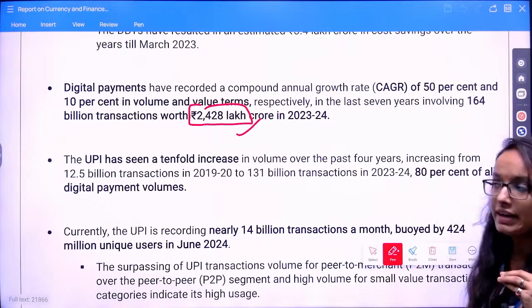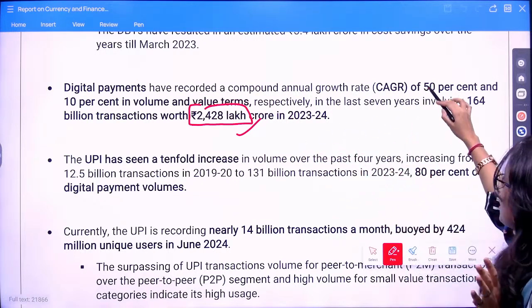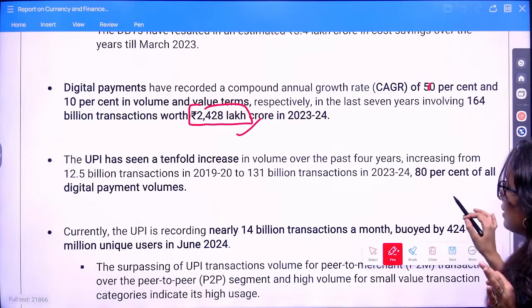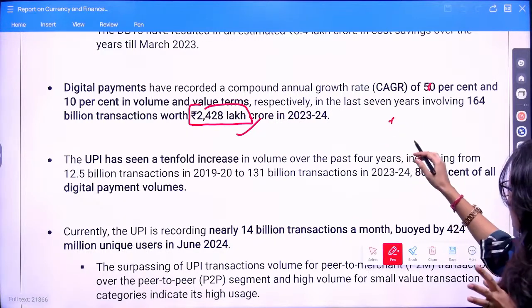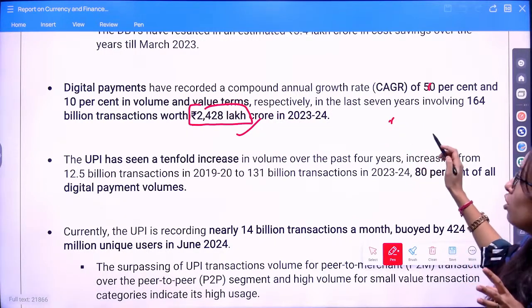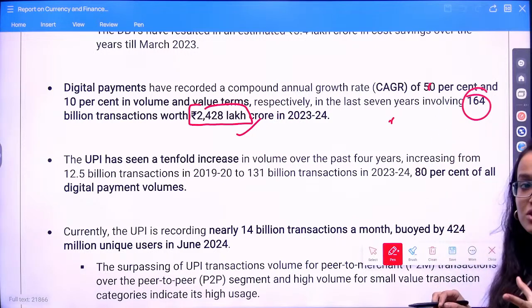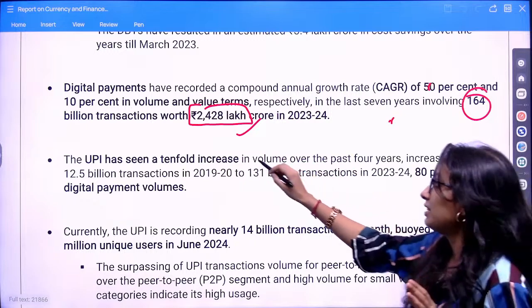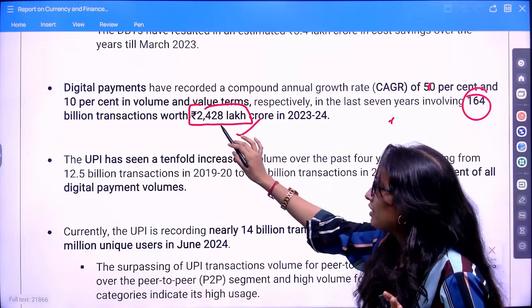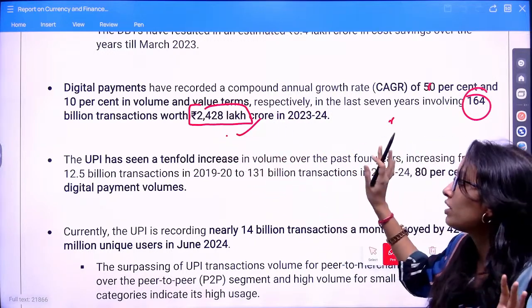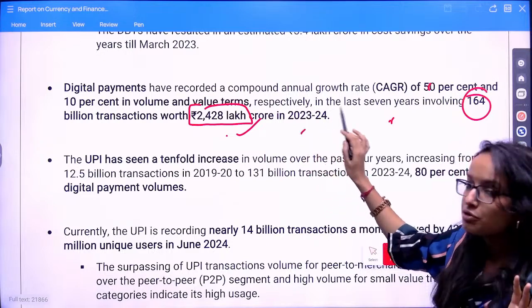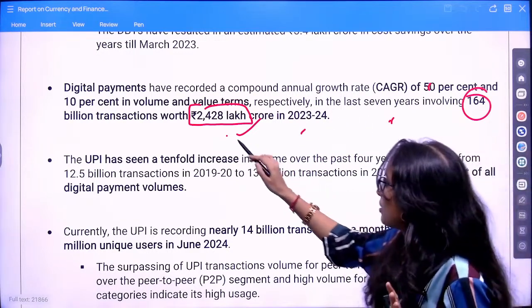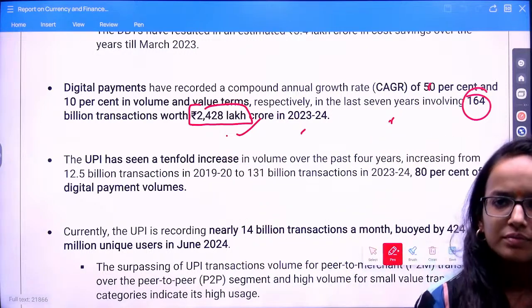Remember this figure: 2,428 lakh crores in 23-24, right? Again, it is easy to remember: 2428.